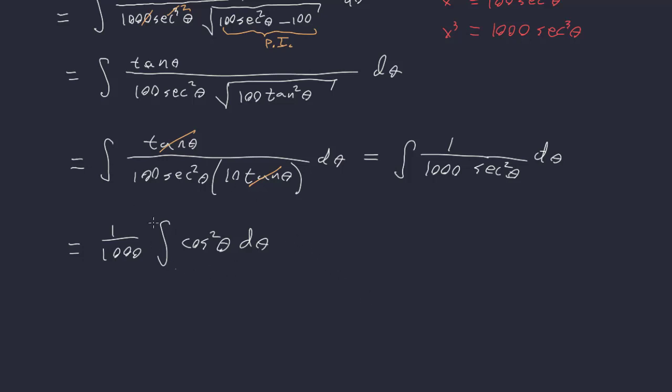Okay, which here we use a half angle identity. With our half angle identity, I'll go ahead and move the 1/2 outside, so we get 1 over 2,000 times the integral of 1 plus cosine of 2 theta.